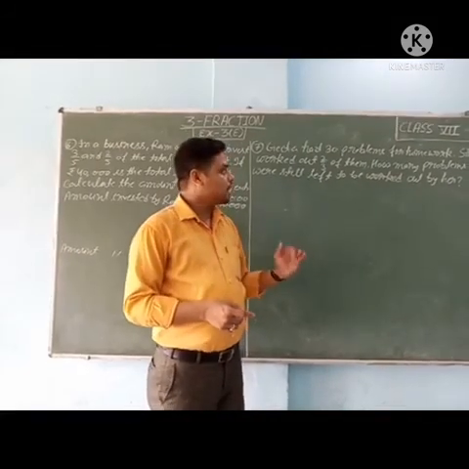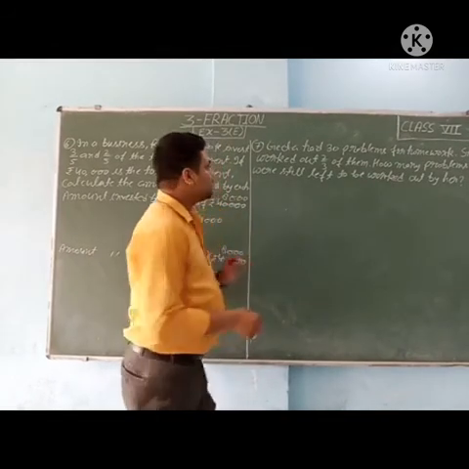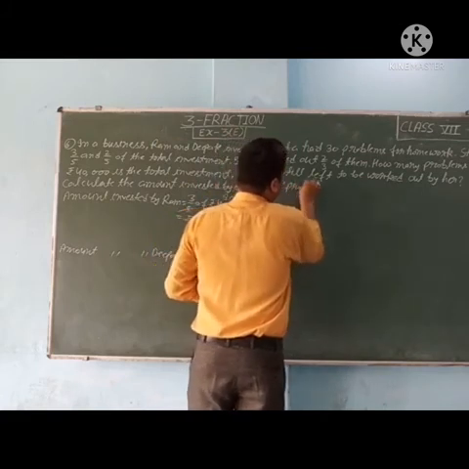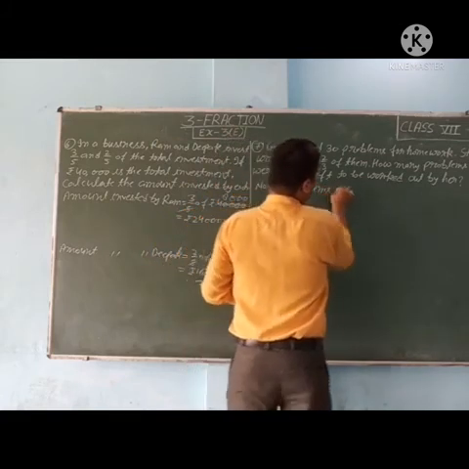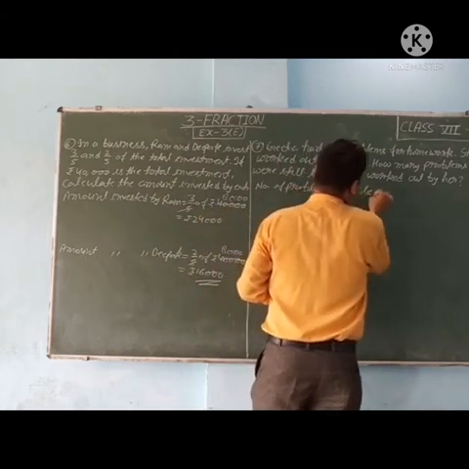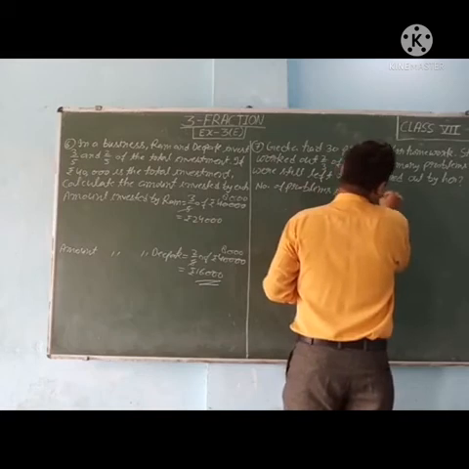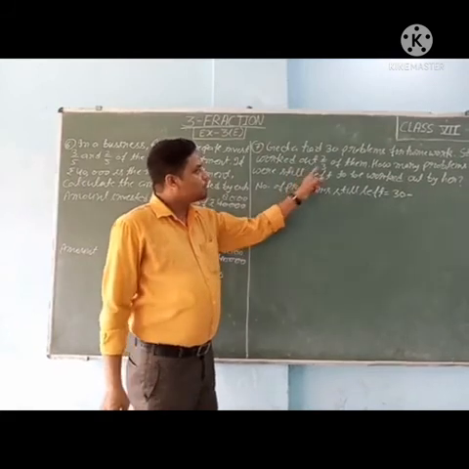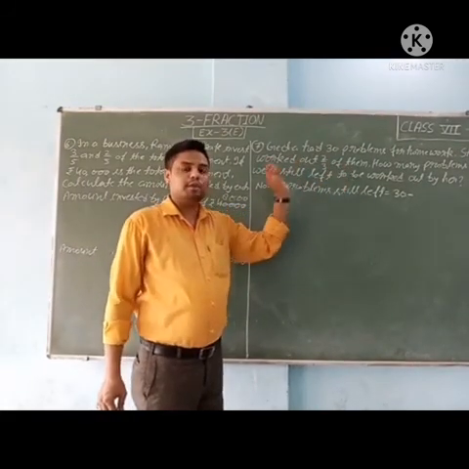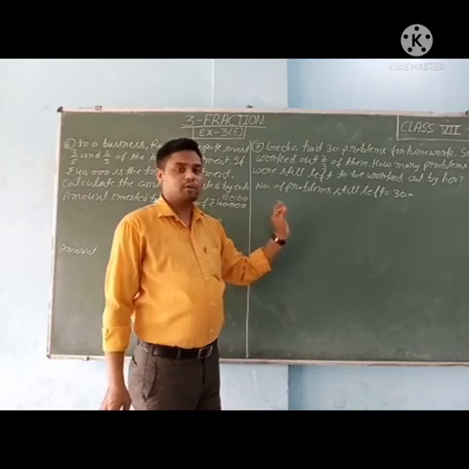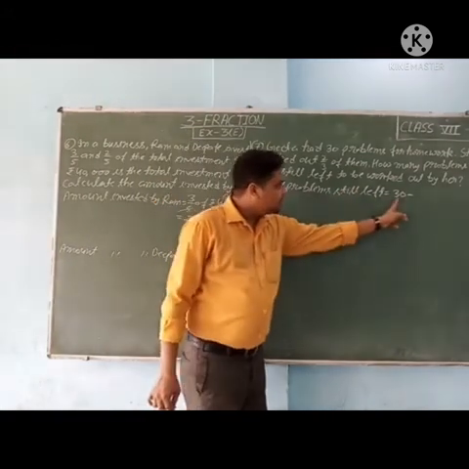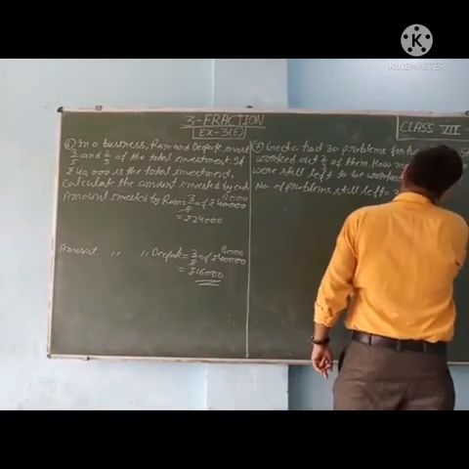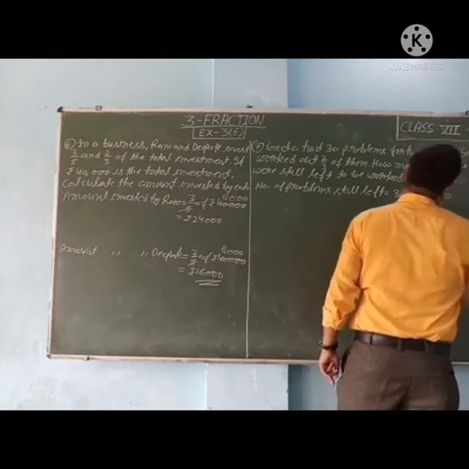So we can write in one equation only. Number of problems still left is equal to 30 minus 2/3 of them. Them means total number of problems. So total problems 30 minus solved problems already, 2 upon 3 of total problems 30.